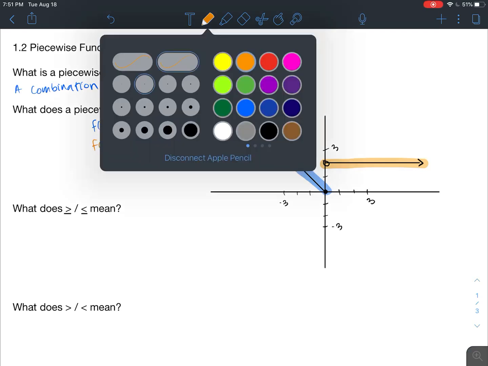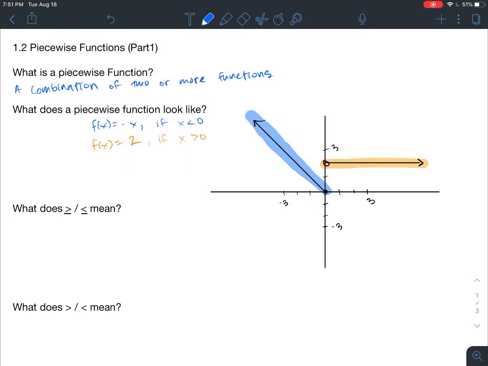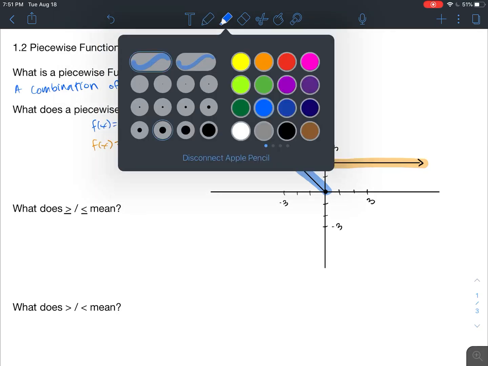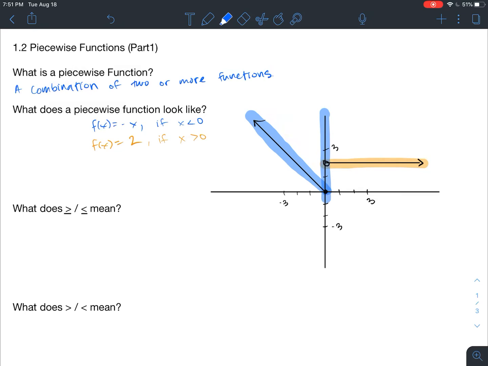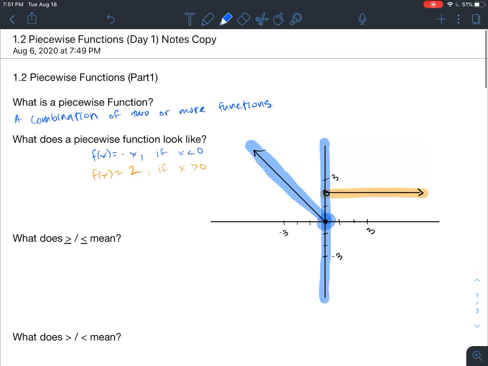Alright? It's pretty straightforward, except there's one issue, and that is what's going on at x equals 0 right here. At x equals 0, because we have two possible answers, do we not? So if I were to do a table for x and f of x, if I plugged in 0 in one of these equations, I would get that f of x equals 0.